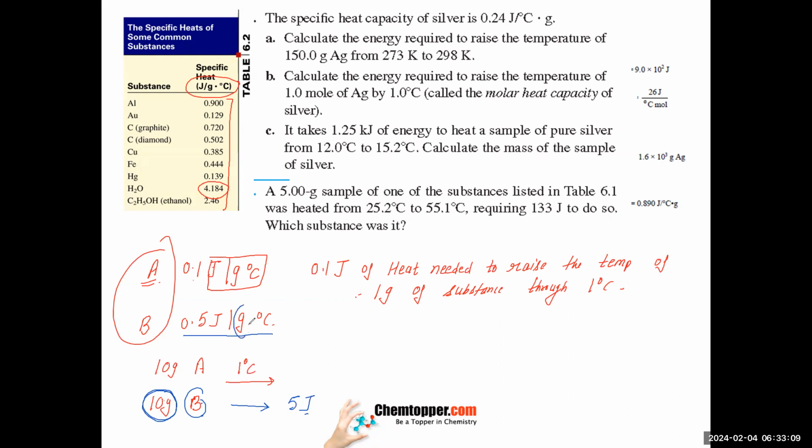For 1 gram, 0.5. For 10 grams, 5 joules. And for A, how much is needed, children? For A, how much is 1 joule? So the question can be in any form based on this definition of specific heat capacity. That is the reason I explained you this definition again.